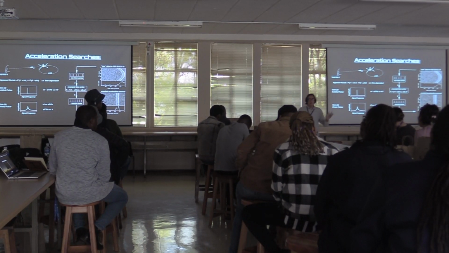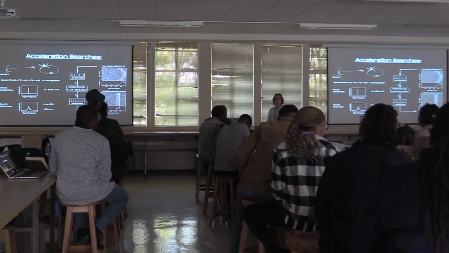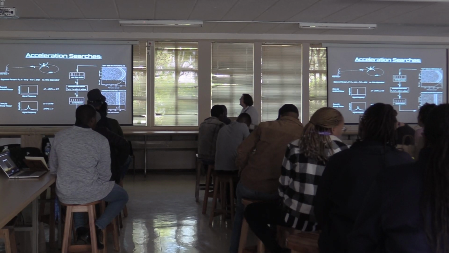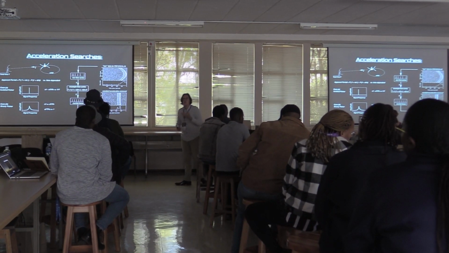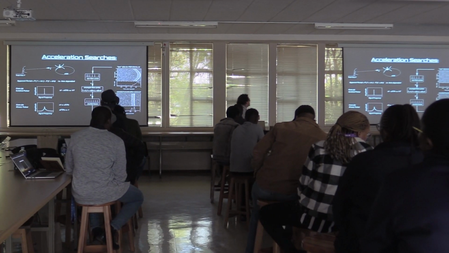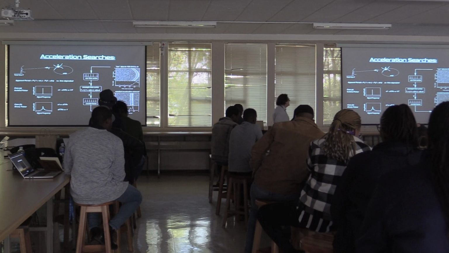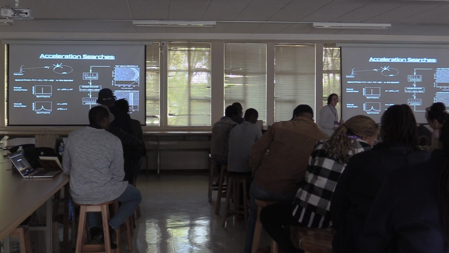So you have to do this for a series of acceleration trials. If you are trying to do an acceleration search, looking for binary pulsars, this increases your processing time corresponding to how many acceleration trials you have.